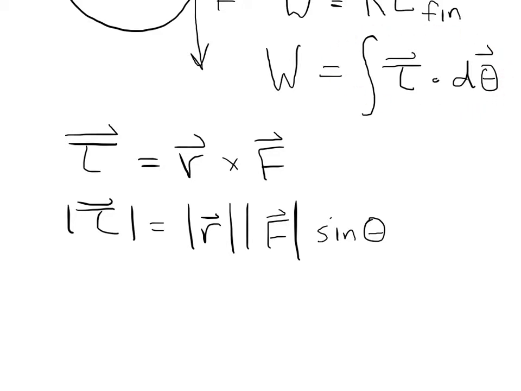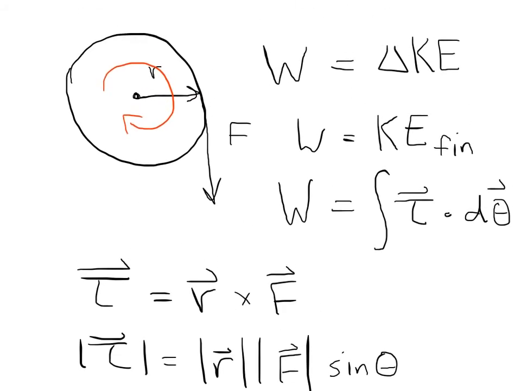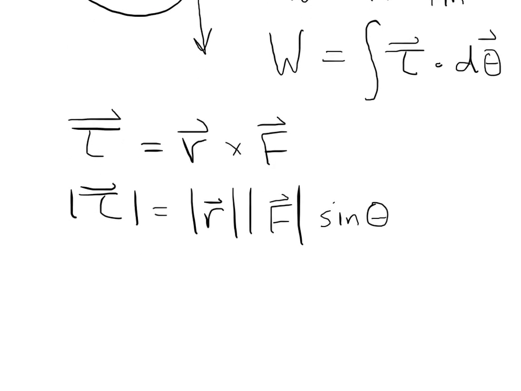This is unfortunate, but it's about to go away because we can see from our picture that the angle between the moment arm and the force is just 90 degrees. So sine theta simplifies to 1, because the sine of 90 degrees is 1. In that case, the magnitude of the torque, which I'm just going to write as tau without a vector on it, is just the radius times the force that's applied.